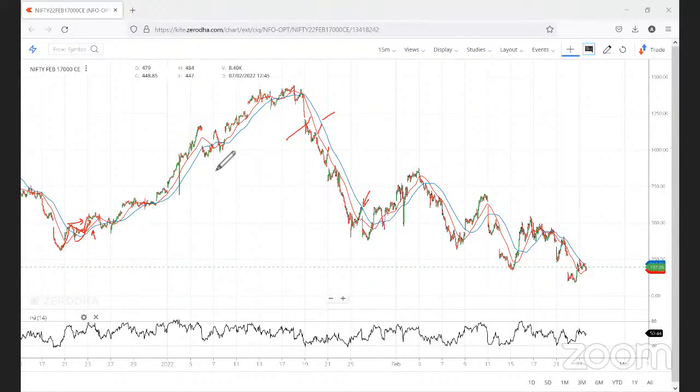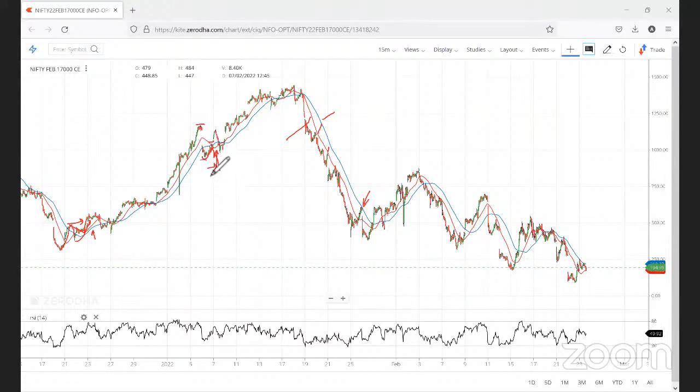Similarly, on the downside, you will not be using only the moving average crossover system because it might trap you. Over here, the red average crossed below the blue one, which was a trap. So you also need to see a lower high and a lower low formation. This high has to be below this high, this low has to be below this low.